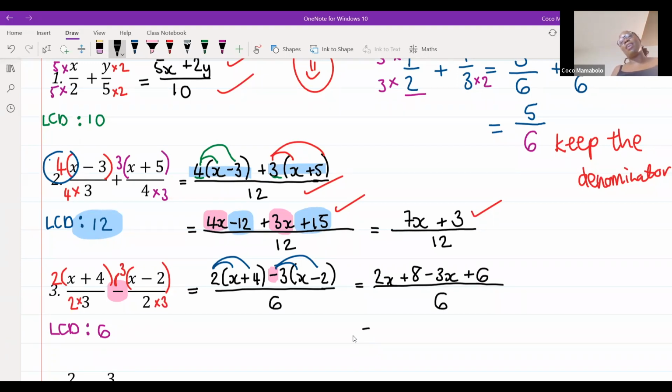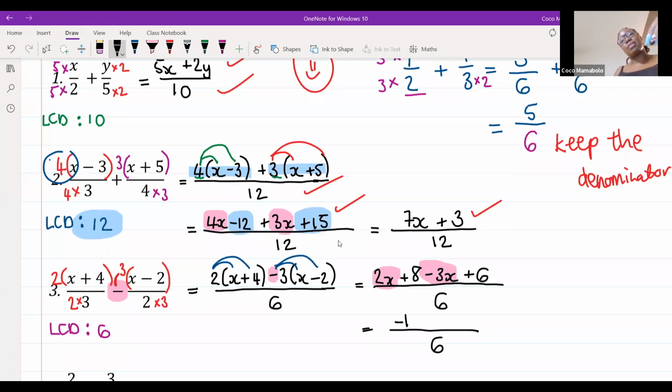Okay, excellent. Now I have to add like terms. Don't forget my denominator. All right, I've got 2x minus 3x. How much does that give me? It's like the same as 2 minus 3. What is 2 minus 3? Negative 1x. That's not 1. It's negative 1.